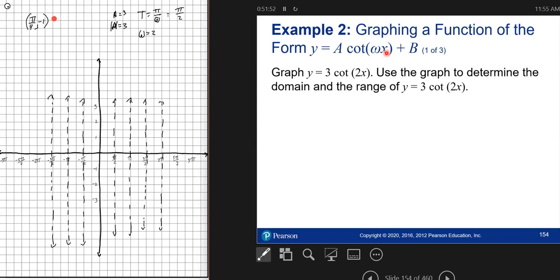At pi over 2, it's 0. And at 3 pi over 4, it's -1. Wait a second, I got those reversed. It goes from +1 to -1. Okay, because it comes down.